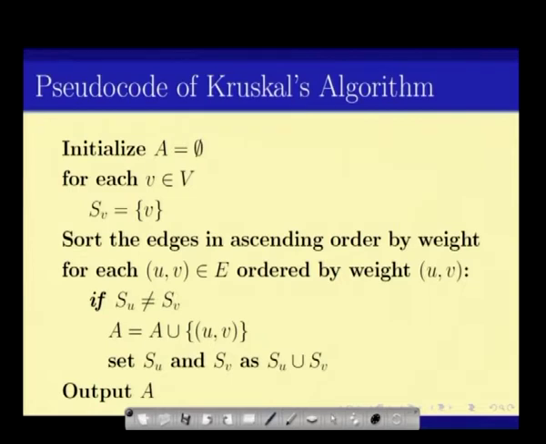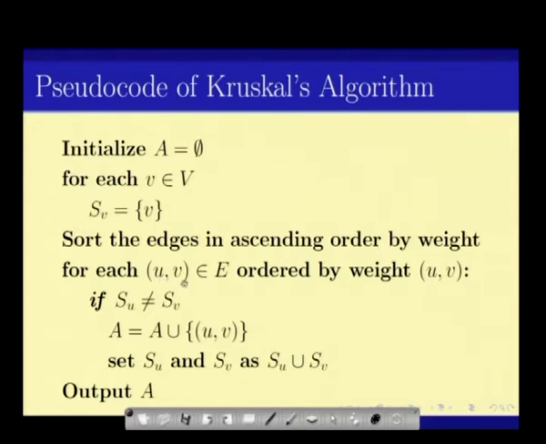To understand whether we are creating a cycle or not, for every vertex v we were storing a set S_v. S_v was the set of all vertices that are connected to v by the already selected edges. Now, we sort the edges in ascending order.